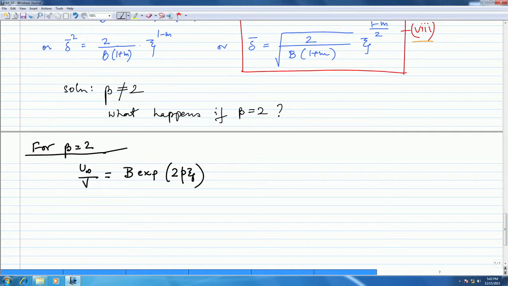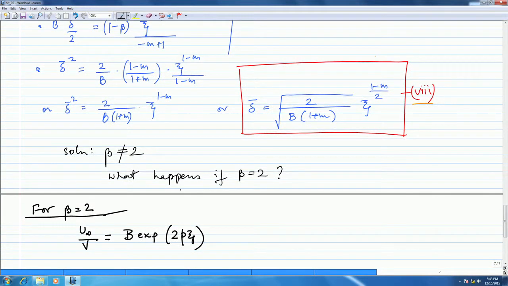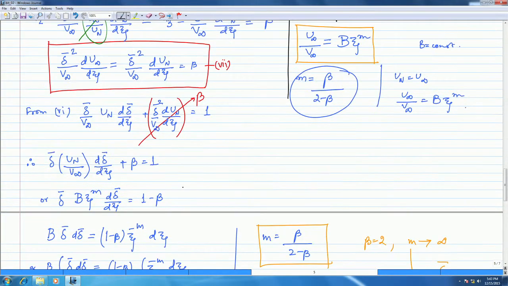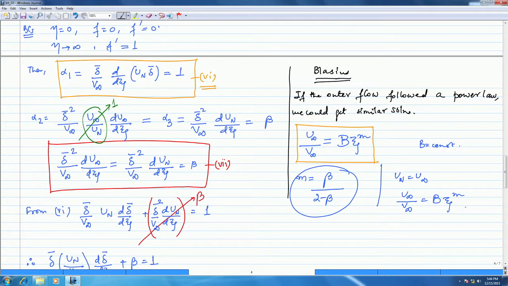Now, if we have an expression like that, we can go again to expression 6, where we basically said that alpha 1 is 1. We took that, so we will keep that.